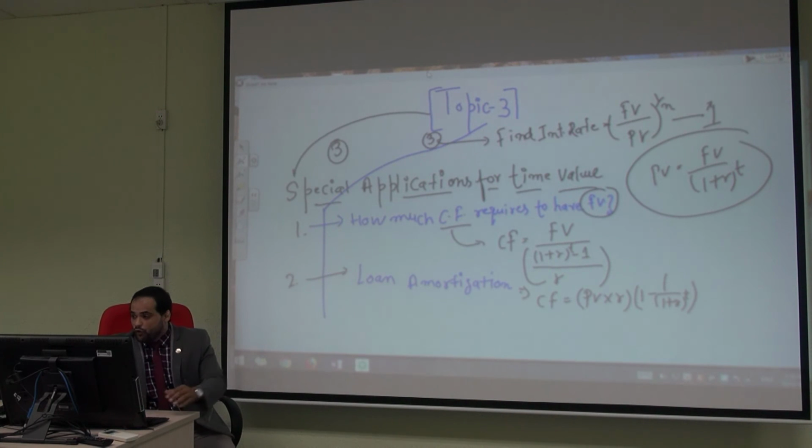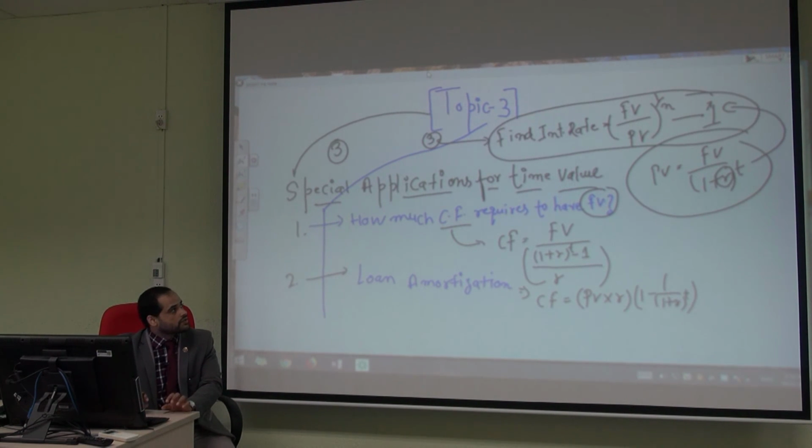If you rearrange it, you're going to get this formula, because we have to estimate the R. In order to estimate the R, we rearrange this formula and get the formula to estimate the interest rate. So now we move on to the last one.